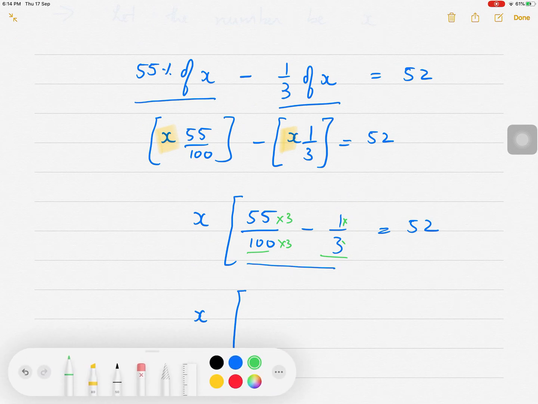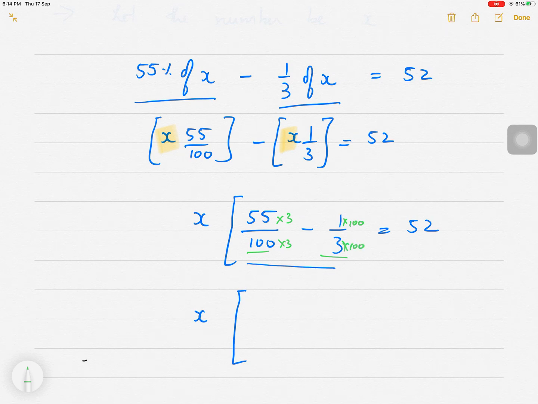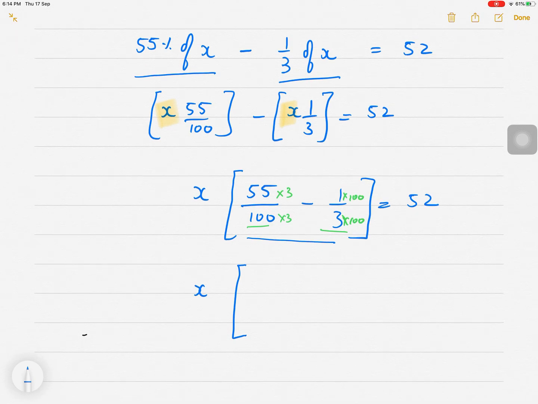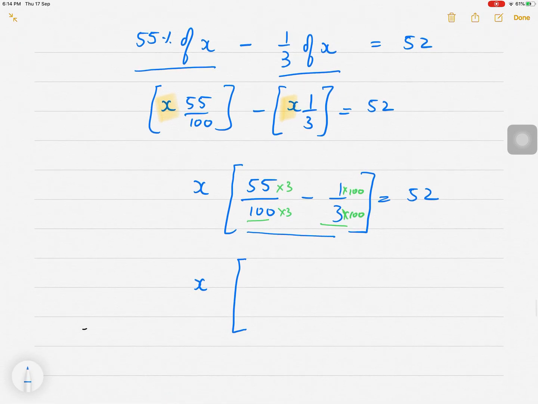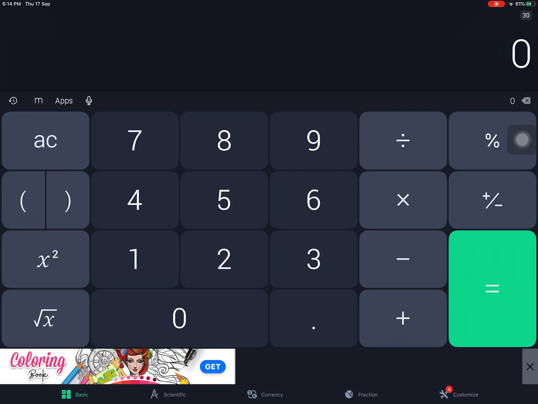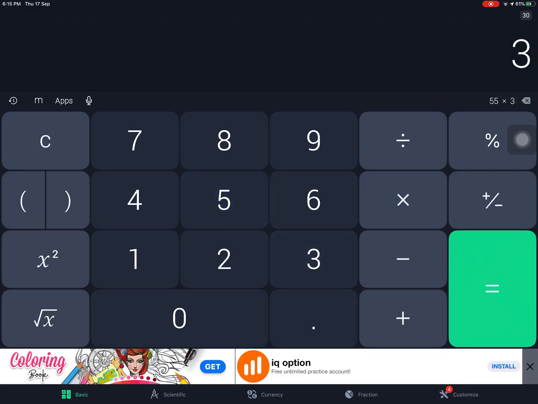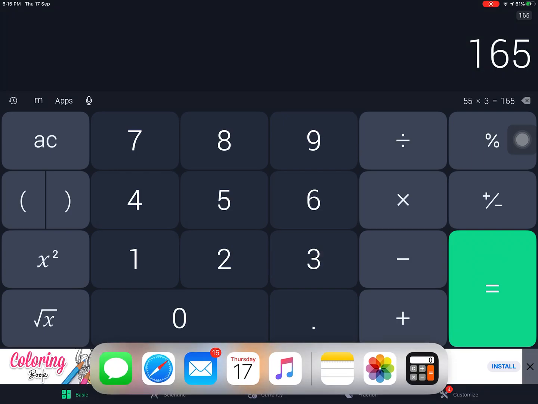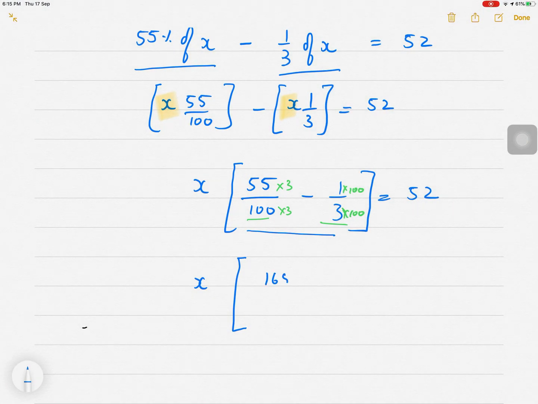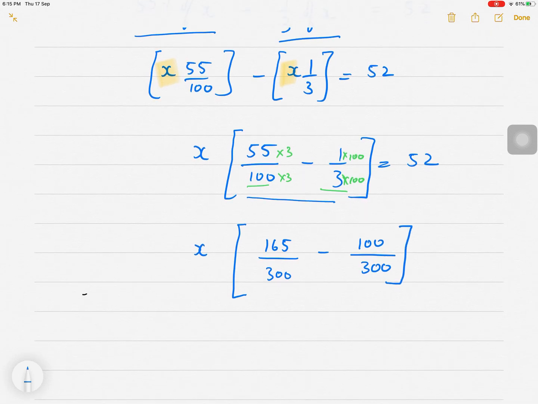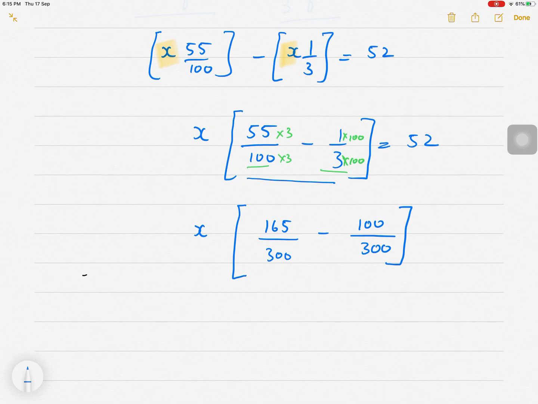So when I do this, what do I get? 55 into 3 is equal to 165. So 165 upon 300 minus 100 upon 300. Okay, so my denominator is same.